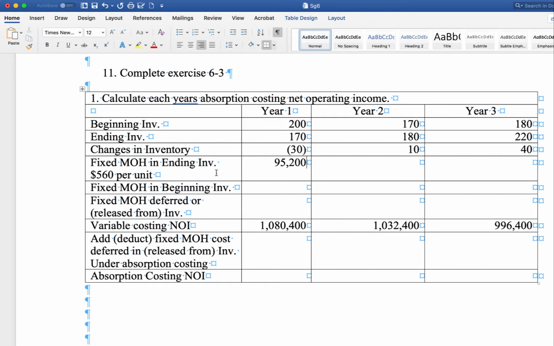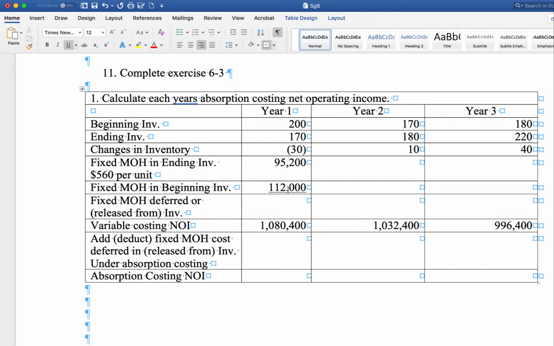Okay, now let's look at the fixed MOH in the beginning of the period. Okay, well, 200 units times, again, the fixed manufacturing overhead per unit, which is $560. Our beginning fixed MOH, if you will, is $112,000. Okay, we're going to take the difference. Now let's think about this. What's happening here, right?